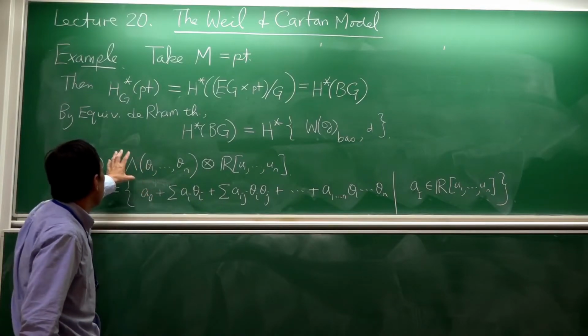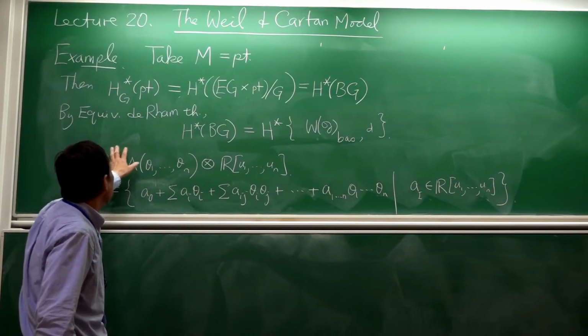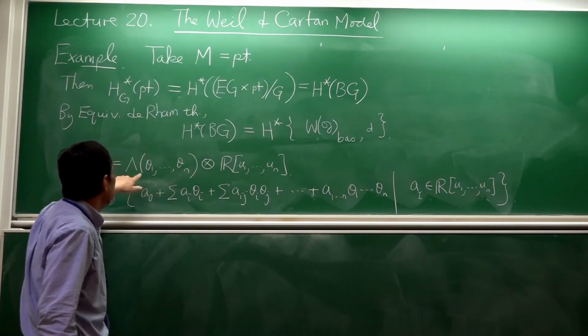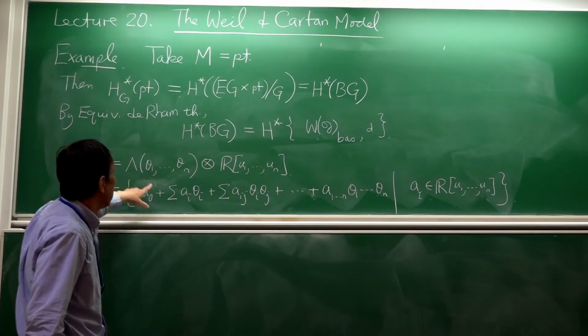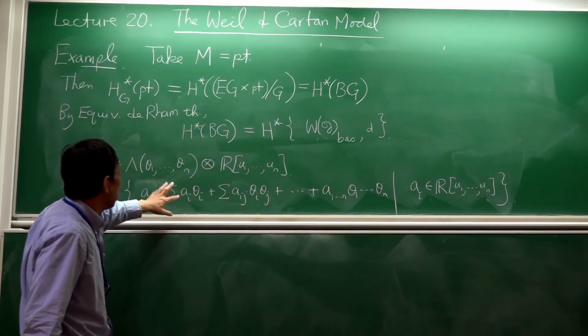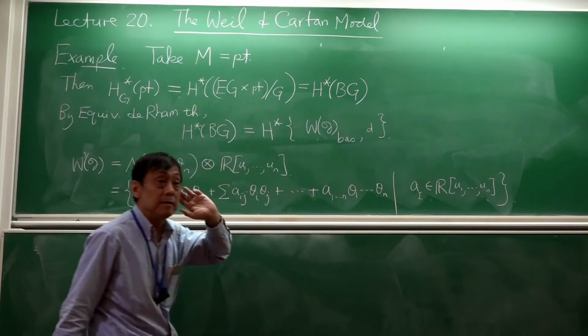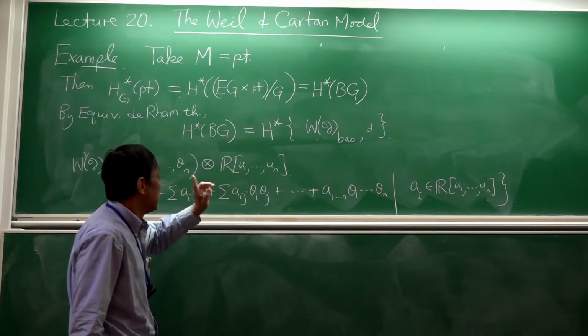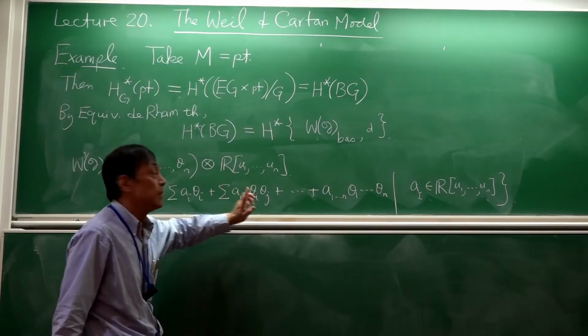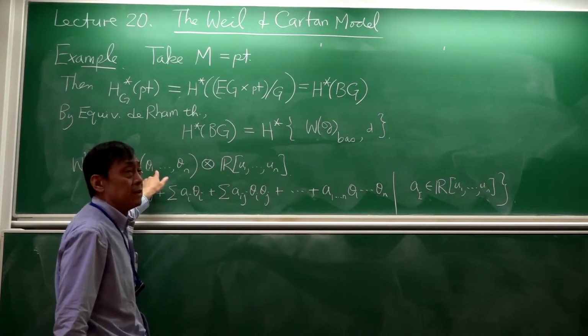So, yeah, you see, everything in this exterior algebra is a linear combination of monomials in the theta. But each theta can occur just once, right? Because here you're taking the wedge product.